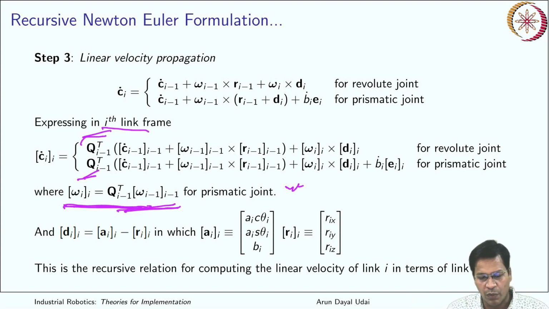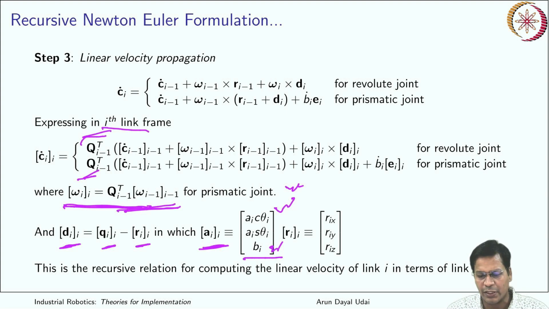Now what are these parameters? What is this? This is basically Ai, that can be written as, we have written it earlier also. So Ai cos theta, Ai sin theta, and theta is actually the joint variable. And Bi is again, in case of prismatic joint, Bi also is a variable, but it may be a constant in case of rotary joint.